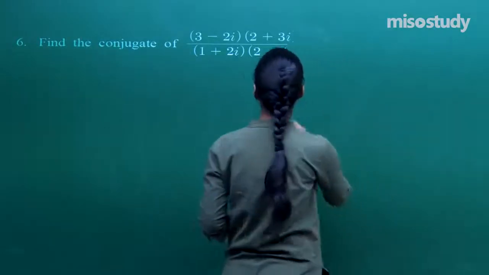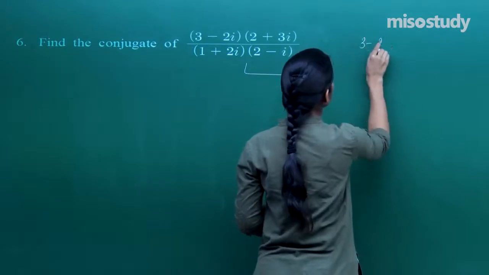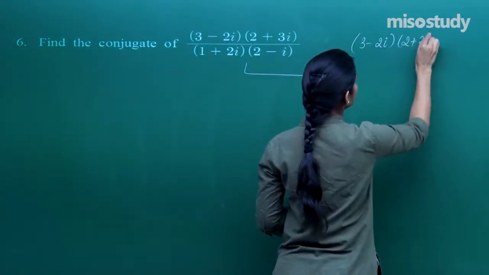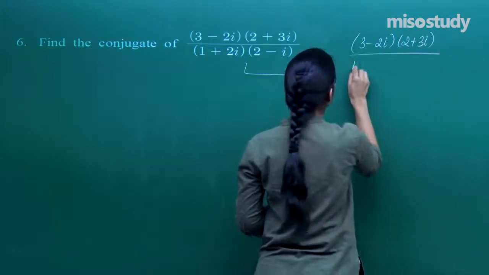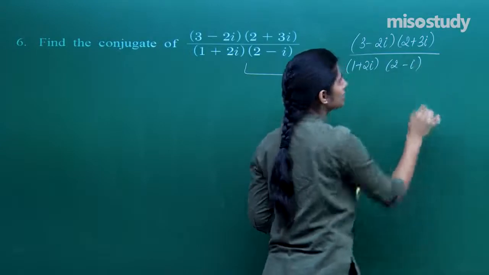Here, the complex number is (3 - 2i)(2 + 3i) whole upon (1 + 2i)(2 - i).